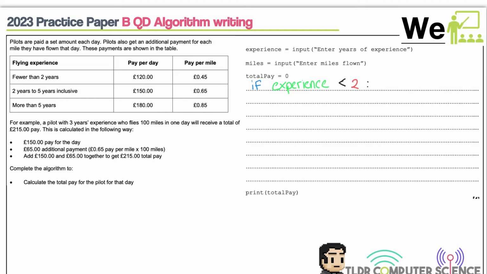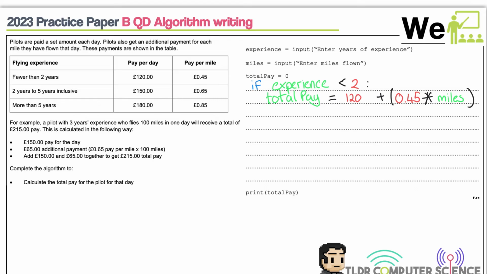Remember, we have to be syntax accurate, so at the end of one of these statements we put the colon, and then to show scope we have to indent in here, and we're saying originally total pay is equal to 0. Well, in this case total pay would be, if we go back to the table, 120 plus 0.45 times by, and can you see what variable it will be? So the one we need to times it by will be miles. Okay, great. So that catches 1.